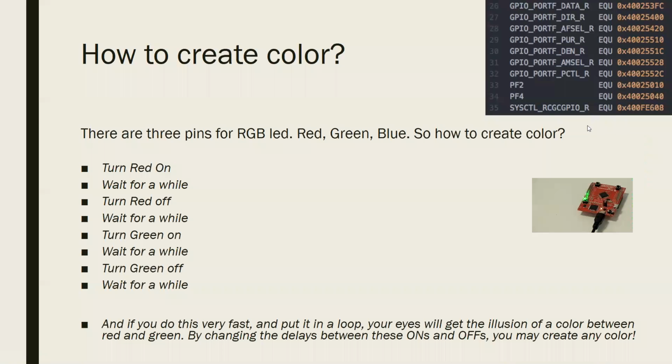Well, I love the kind of questions I ask, and the answer is on the screen. With RGB LEDs, we create color by an illusion. The illusion is we turn red for a little while, we turn white for a little while. So for example, this is the signal that we send to the red.